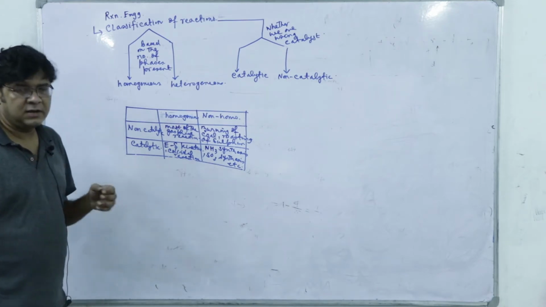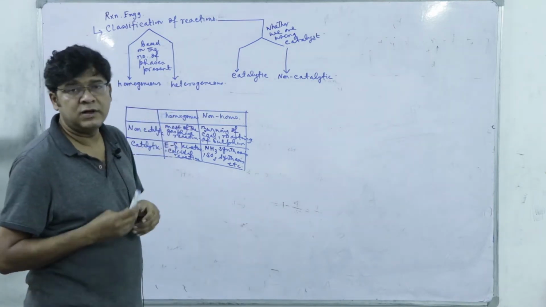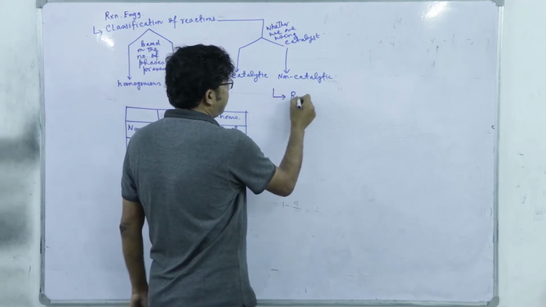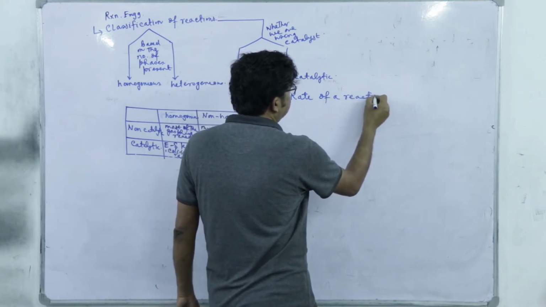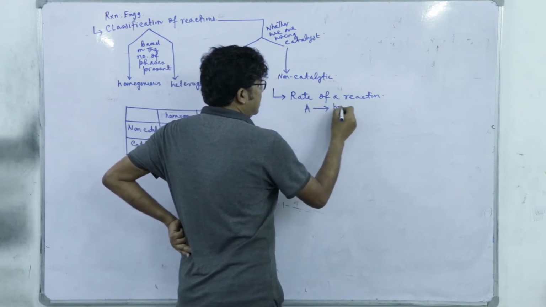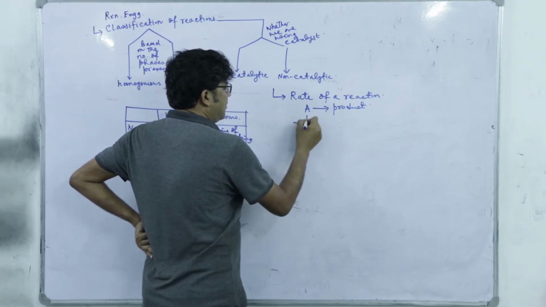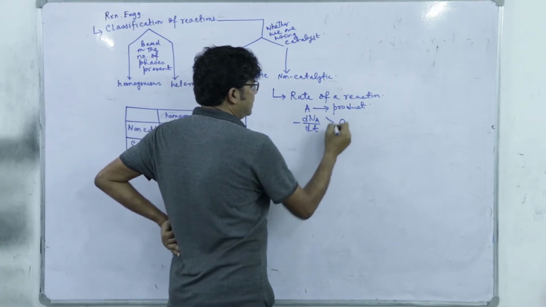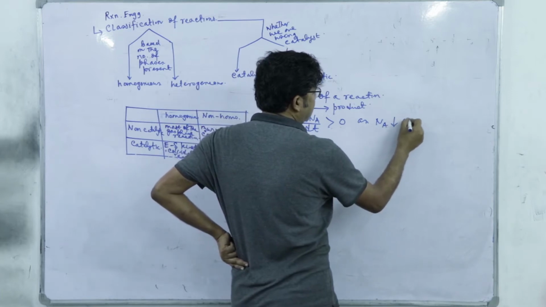Next, once we have classified, the next question is how to represent the rate of the reaction. See, in any reacting system, say A giving product, a single reactant system, we have minus dNA/dt to be positive as NA decreases with time.